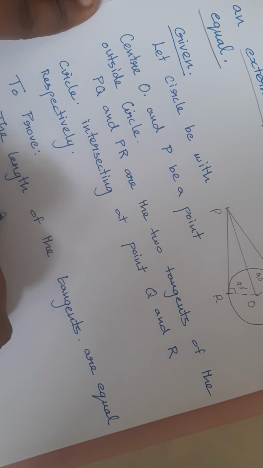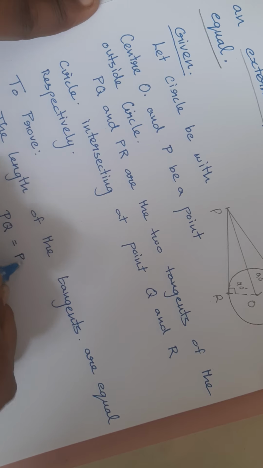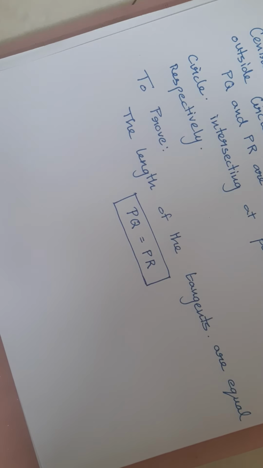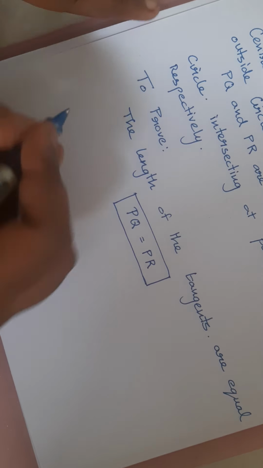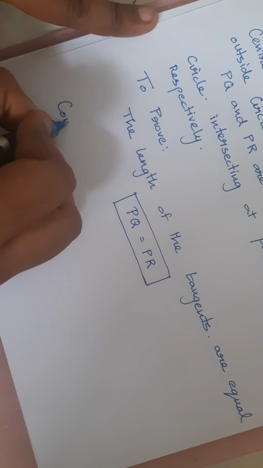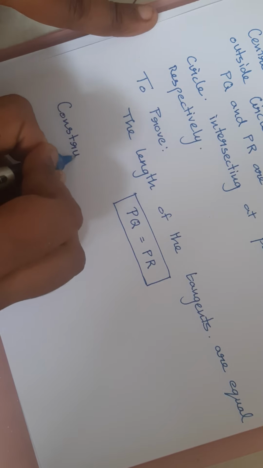That means PQ equals PR. This is only what you are going to prove. If you want to prove it, you need a construction, correct? Let's start the construction.